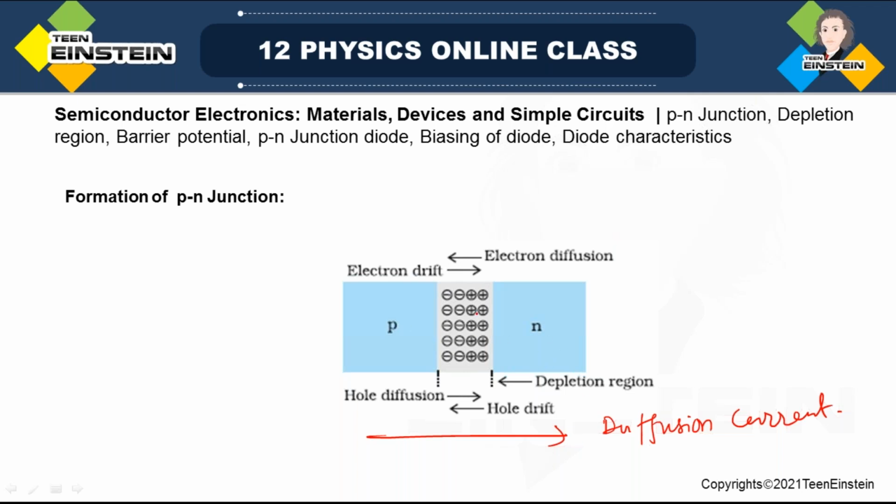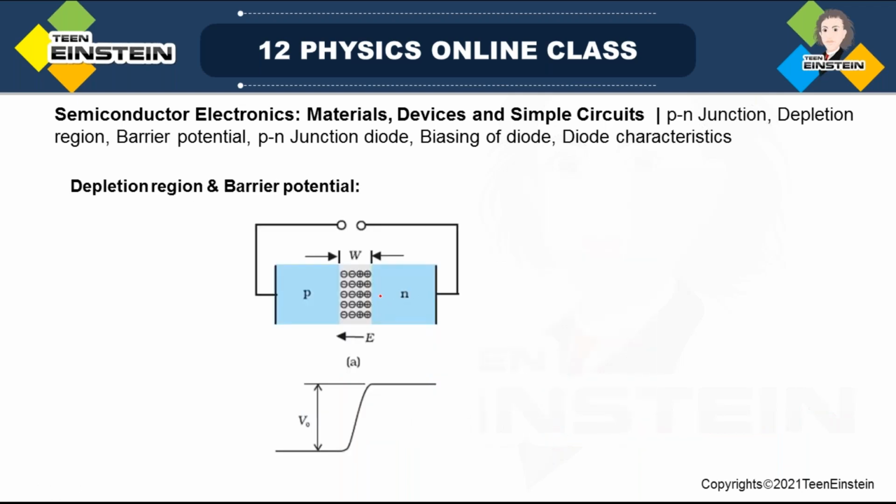Now, since there is a depletion region, there is a barrier potential. Since the positive and negative space charges are here at the junction, there will be a potential that is given the name V0. That means at the junction, this much potential barrier is there.